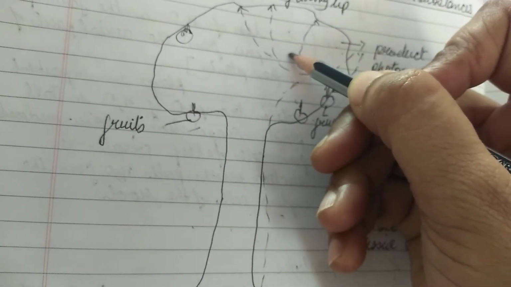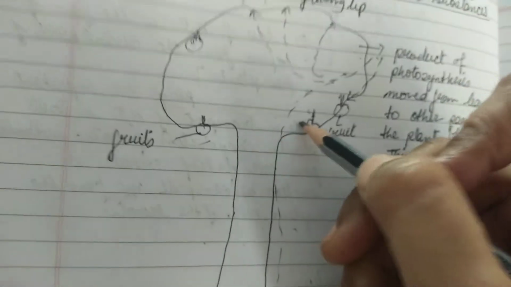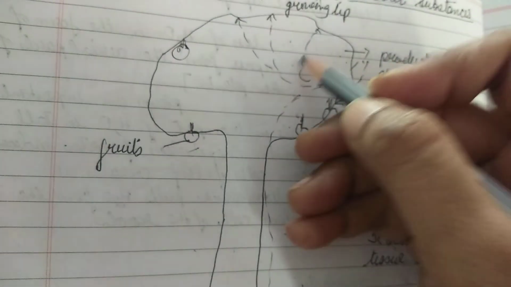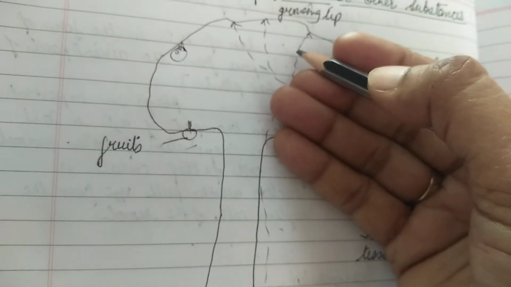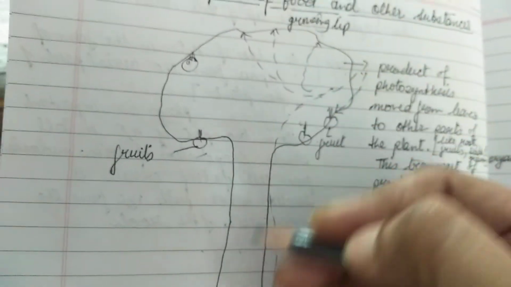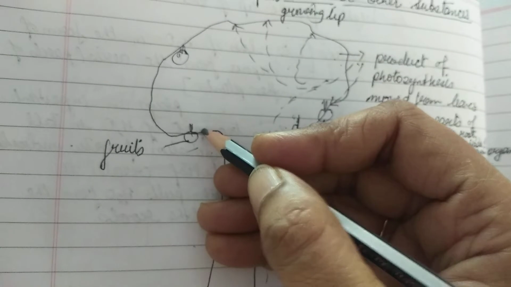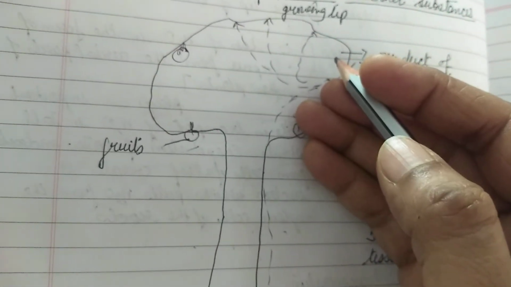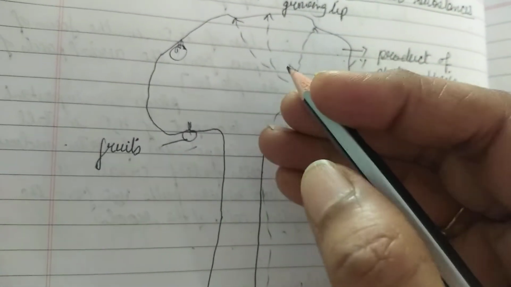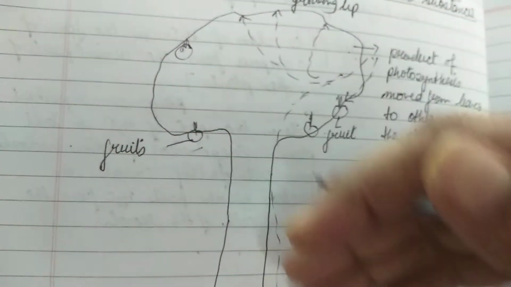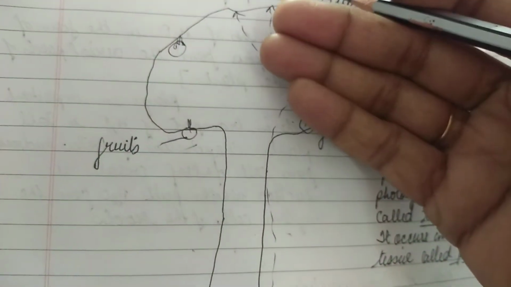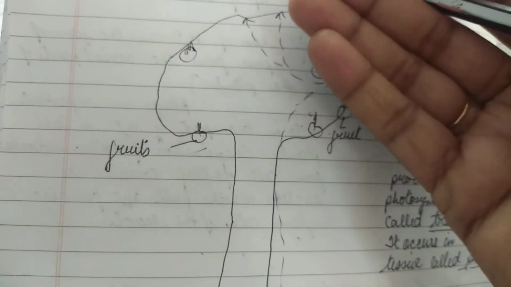Now the flow is in the opposite direction. Right? So when there are leaves, what happens at that time? The sucrose moves from leaves to stem, to roots, to fruits. And when there are no leaves, and the leaves start appearing, at that time they need energy.